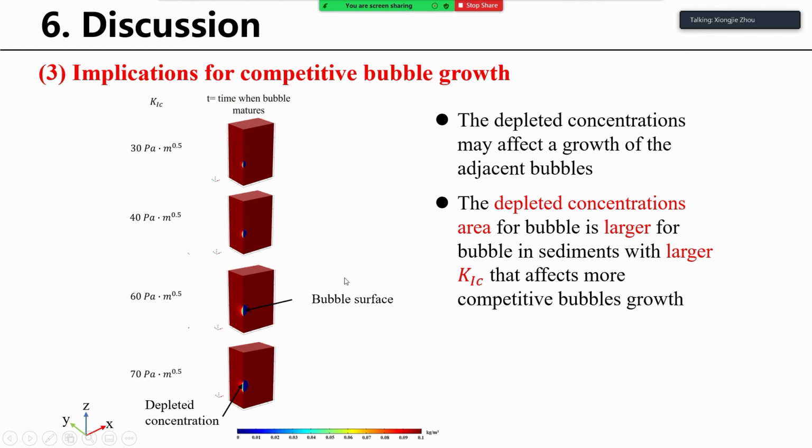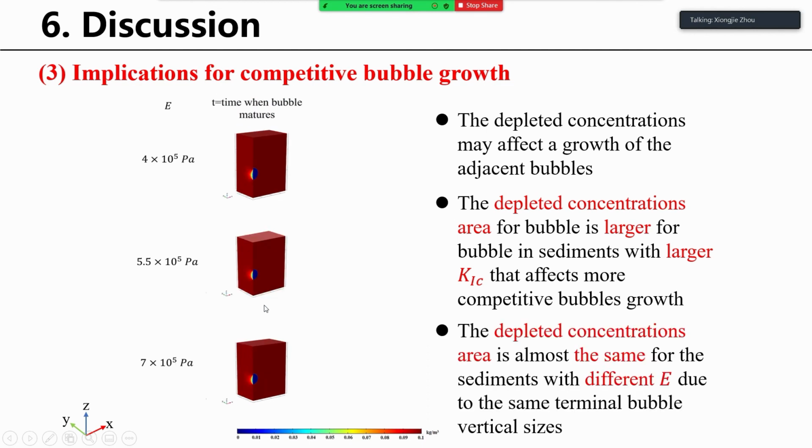The depleted concentration area for a bubble is larger here, for a bubble in sediments with larger K1C, which affects competitive bubble growth more. For E, the depleted concentration areas are almost the same, as we can see from the picture, due to the same terminal bubble vertical size.